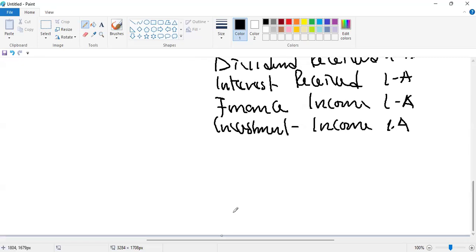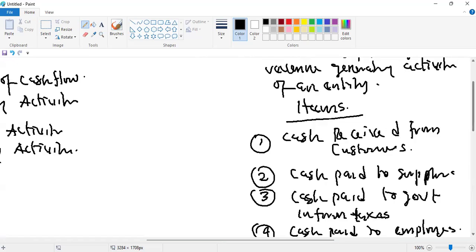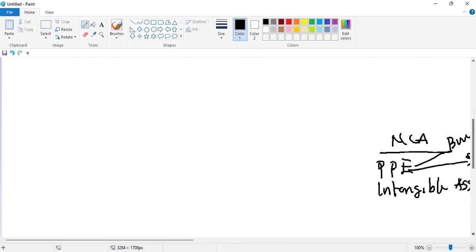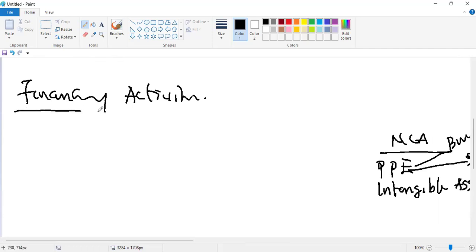Let's go to financing. Financing activities is very simple. What is financing? How an organization finances activities.